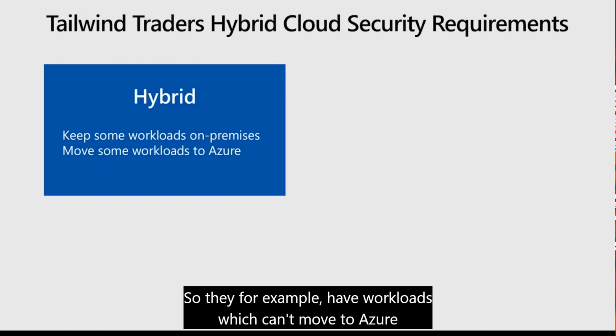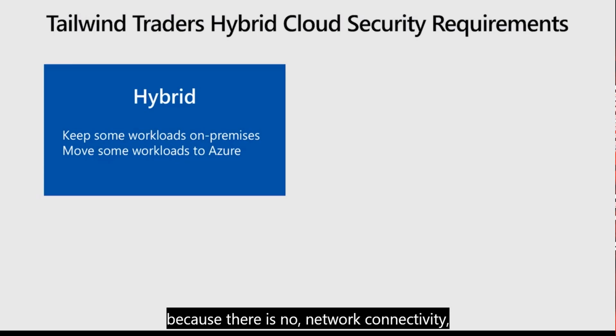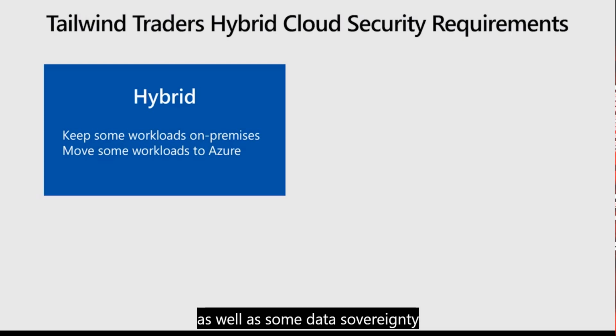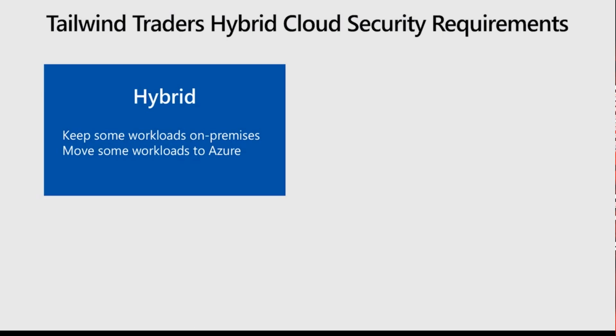They have workloads which can't move to Azure because there's no network connectivity, or they have bad latency to the nearest Azure region, as well as some data sovereignty challenges, where they can't store data outside of their premises or outside of their country.